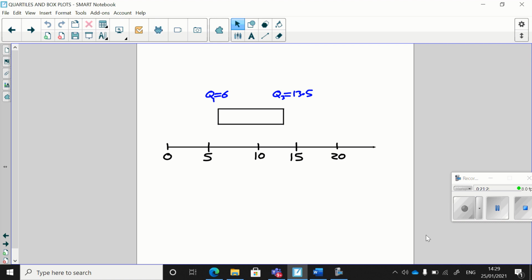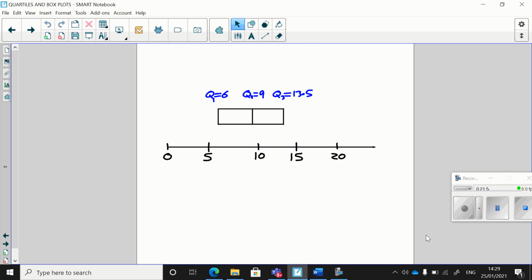So I'm going to go to position 9 on the number line, just to the left of 10, inside the box, and put in a line at 9, and that's Q2. Sometimes the line might be closer to the left-hand side or the right-hand side, so it's not always bang in the middle. Although it's called the median, it's not always in the middle graphically of the box.